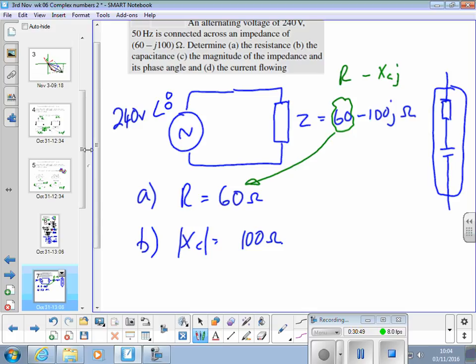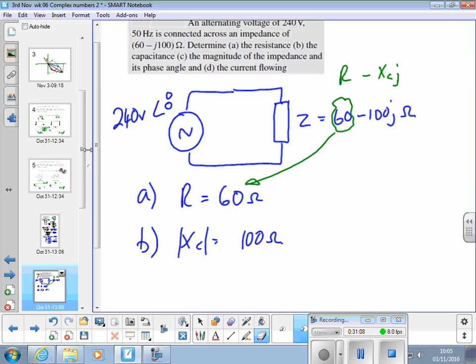But we've just got it as a black box with an impedance of 60 minus 100 j ohms. A black box consisting of a series resistor and a capacitor. XC is 100 ohms. How do I find C?